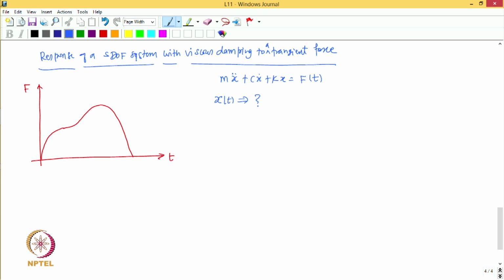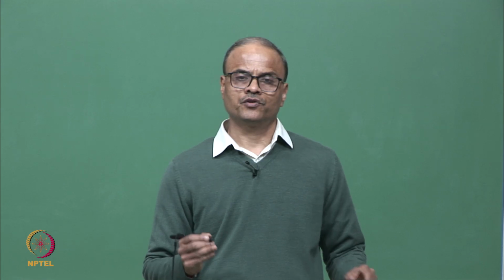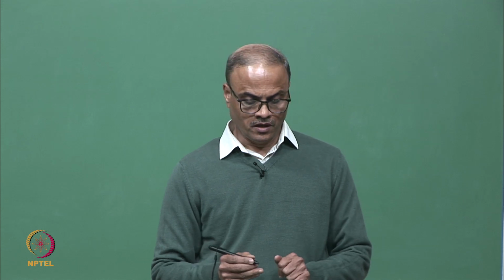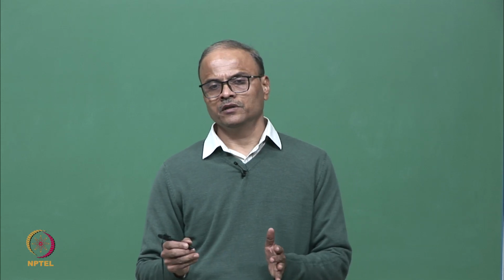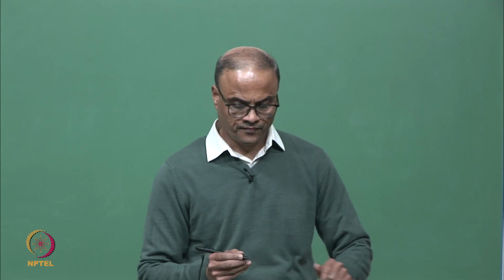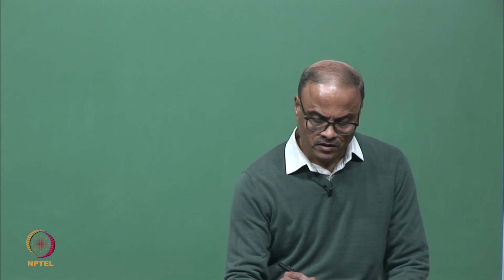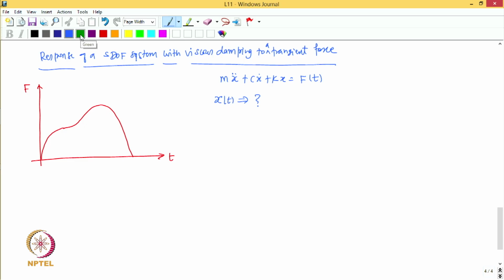Here we make use of the impulse response function we got earlier, and try to determine the response of the system to this force. For this purpose, let us represent this force as a series of constant magnitude force steps.